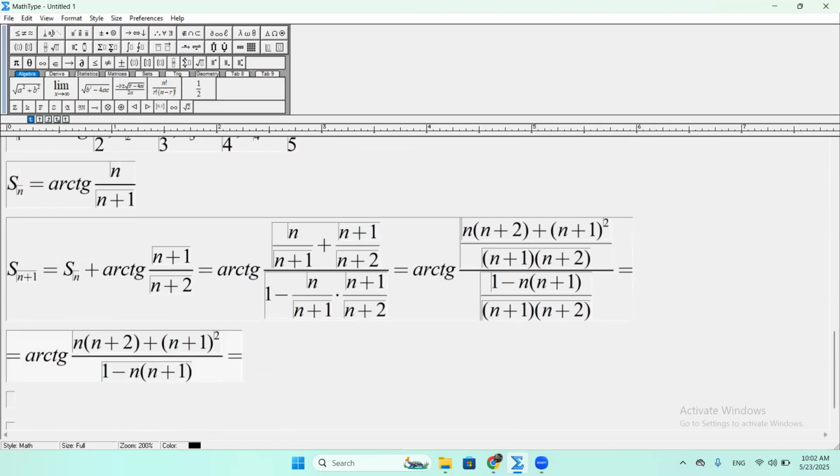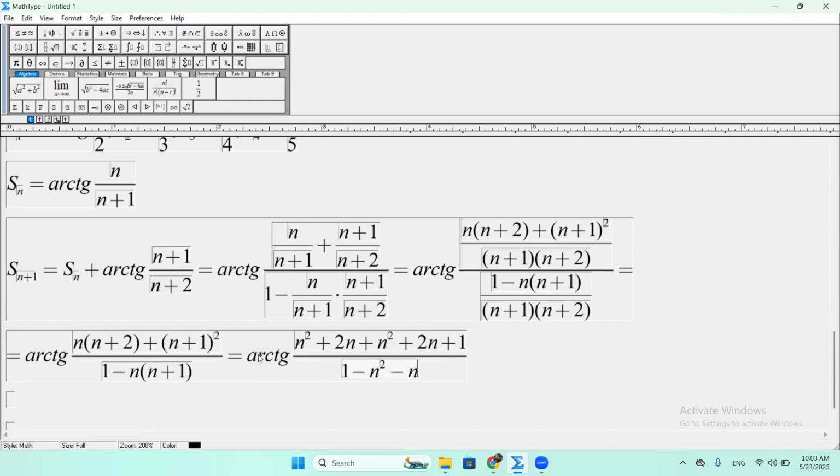So now expanding brackets and regrouping members. So n by, okay, n squared plus 2n plus n squared plus 2n plus 1. And here 1 minus n squared minus n.